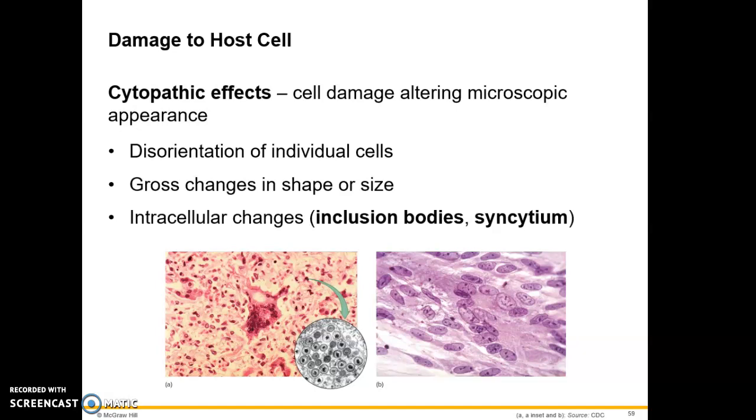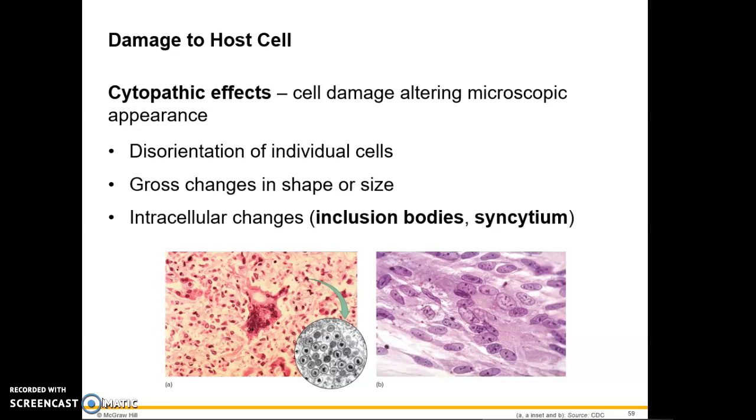Okay, so damage to the host cell is our next topic. Another way of saying that is cytopathic, cyto meaning cell, pathic having something to do with pathogenicity, and it just refers to the structural changes in host cells caused by the virus invasion.